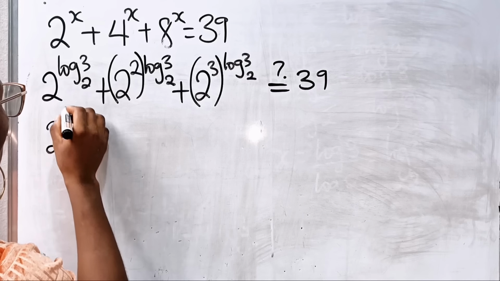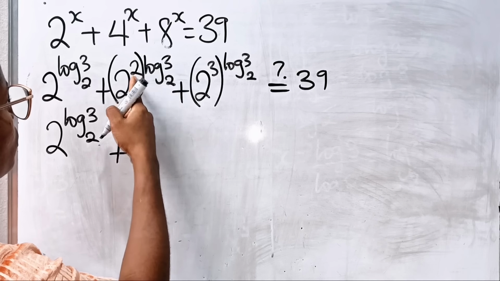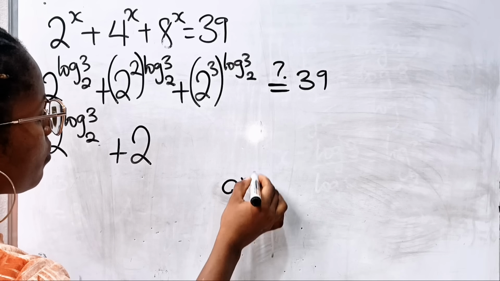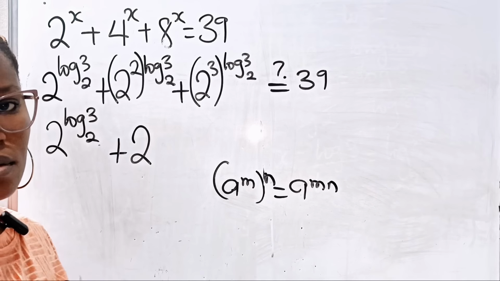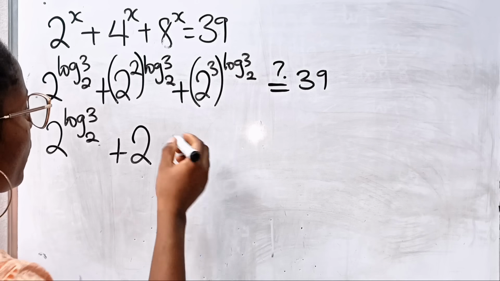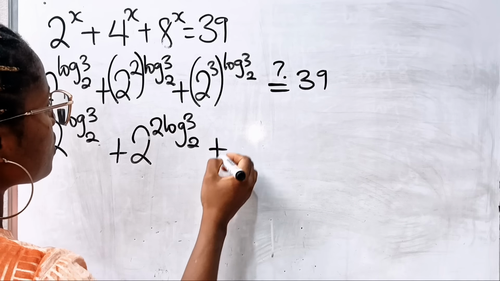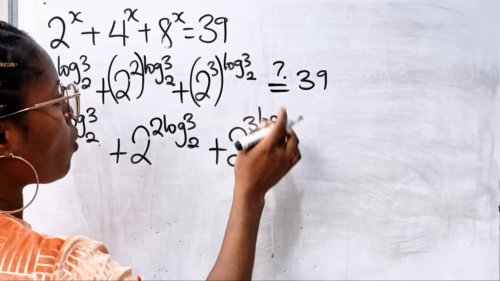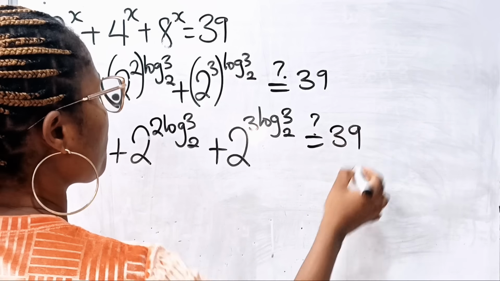So we have 2 to the power of log 3 base 2 plus 2 to the power of 2 times this, because a to the power of m raised to the power of n is equal to a to the power of m times n. When you have more than one power, you multiply them together to get one power. So we have 2 to the power of 2 log 3 base 2, plus 2 raised to the power of 3 log 3 base 2. Is this actually equal to 39?